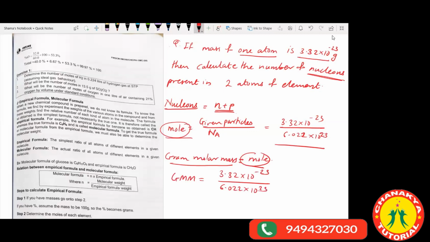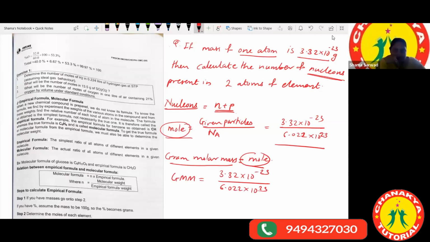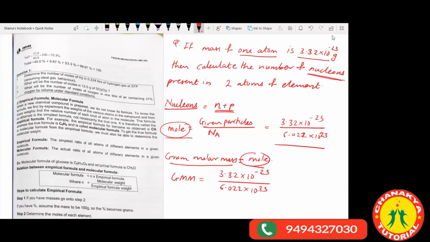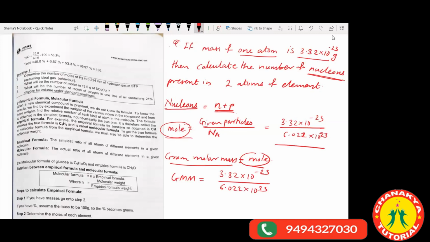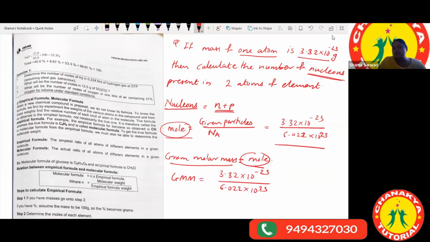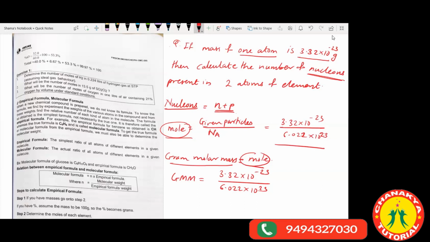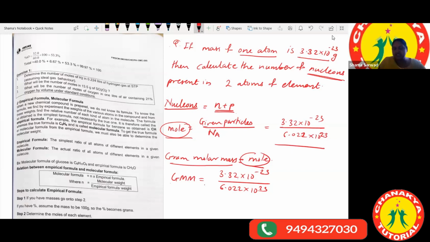Yes, ma'am. How do you have to calculate the gram molar mass now? By dividing or by multiplying? Whatever given mass would be there, you divide it by Avogadro's number. That time you will get the particle, isn't it?